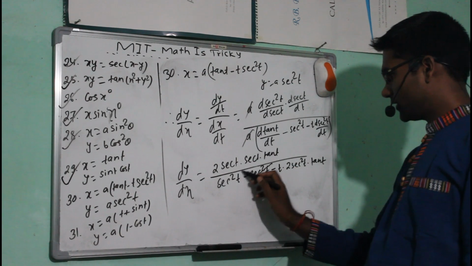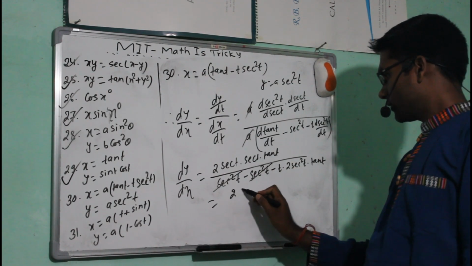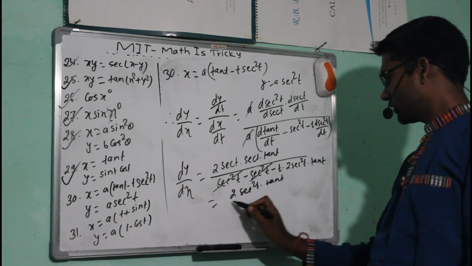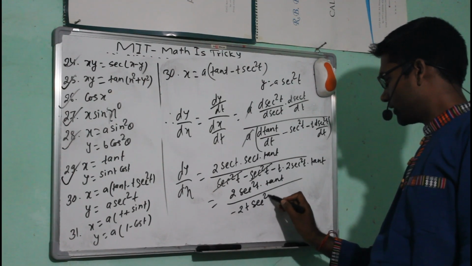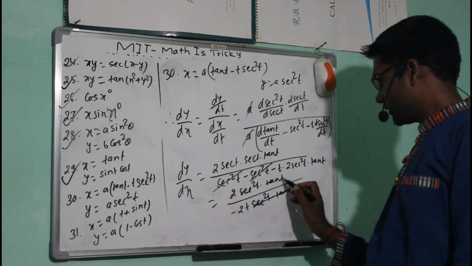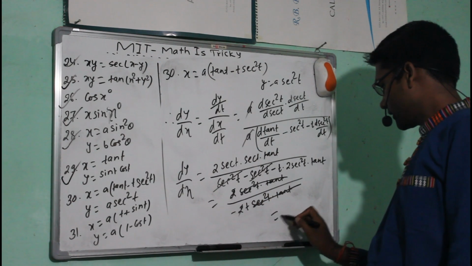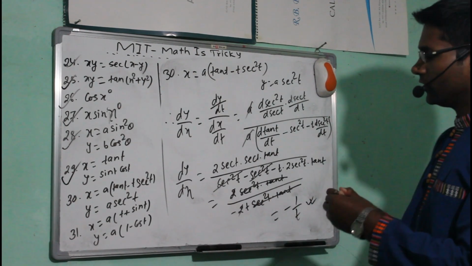The sec square t cancels, so you can see 2 sec square t into tan t by minus 2t sec square t into tan t. So sec square t and tan t cancel, 2 and 2 cancel, and the answer is minus 1 by t. Okay, this is our final answer.